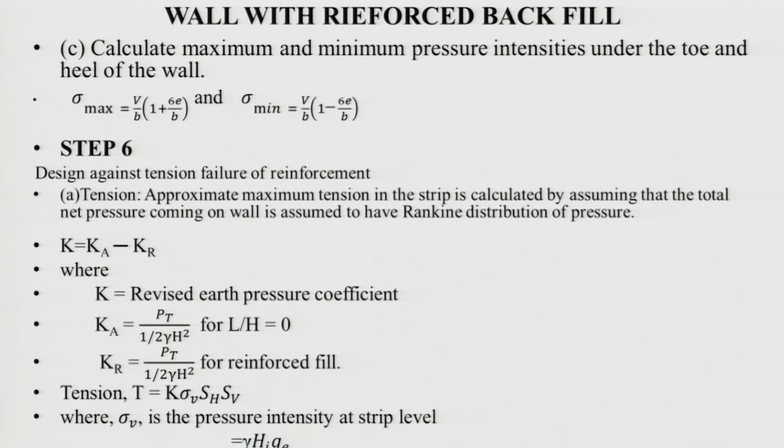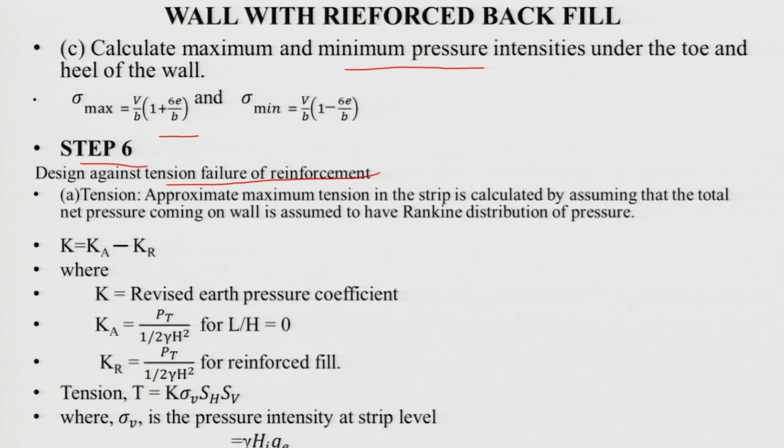The next is to calculate the maximum and minimum pressure. Again we have already calculated. The next step is step 6, design against the tension failure of the reinforcement.